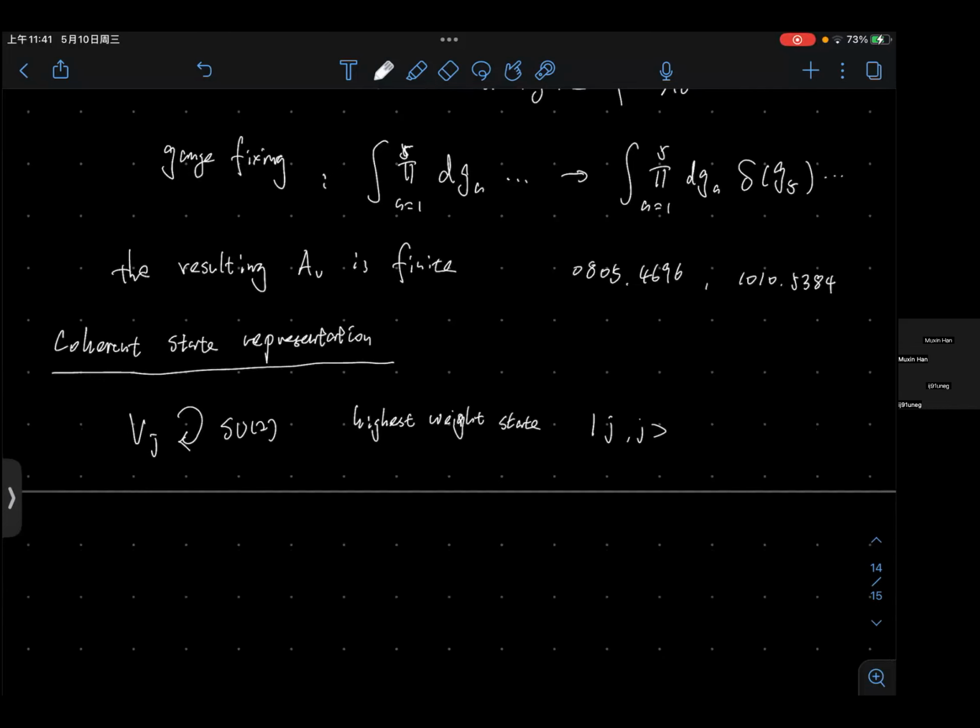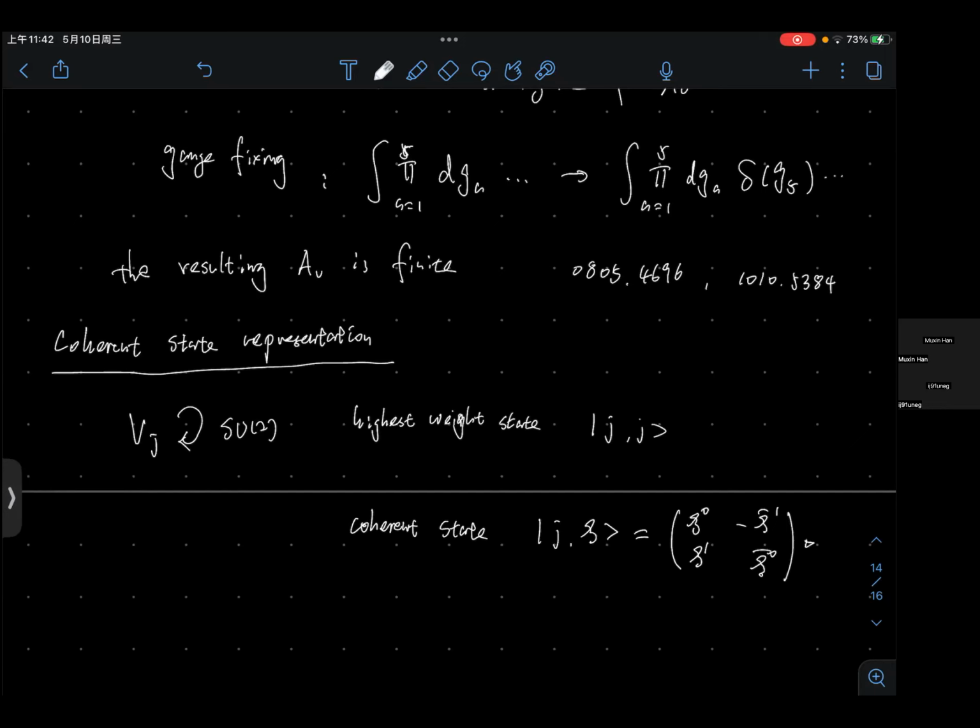Now, what is a coherent state? The coherent state is written as |J, Kc>, and this Kc is a two-component spinor. How this state is defined is given by an SU2 group element determined by Kc: the matrix (Kc0, -Kc1 bar; Kc1, Kc0 bar).